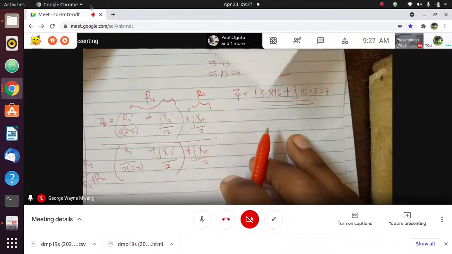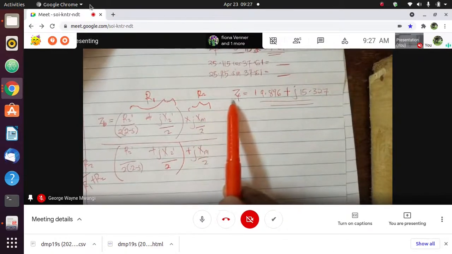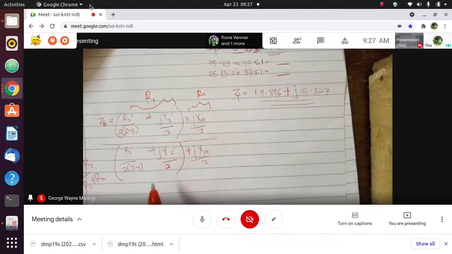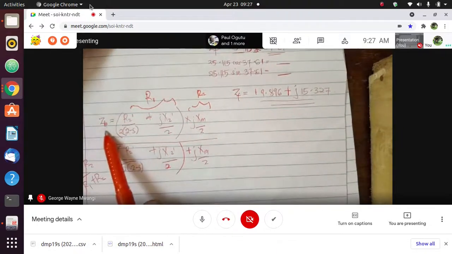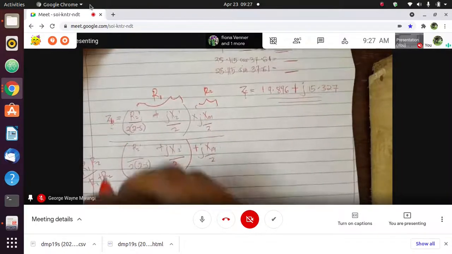Okay. Now we have found the impedance due to the forward field. The impedance due to the backward field will be given by this formula. We already have these values, so all we have to do is replace them.